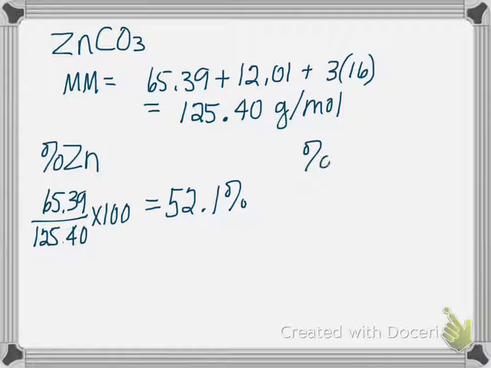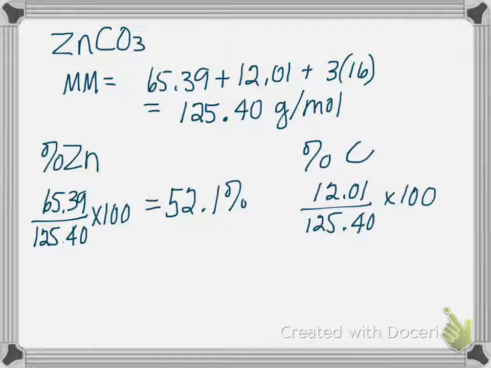Yep. The percentage for carbon is 12.01 divided by the total mass, because it's part over whole, times 100. That's 9.6%. Would that round to 9.6? Yes. So 9.6.